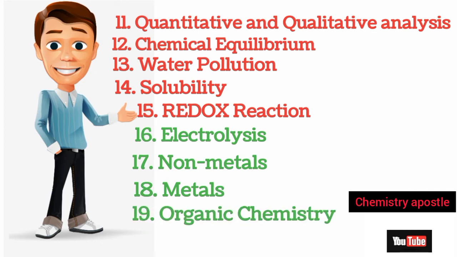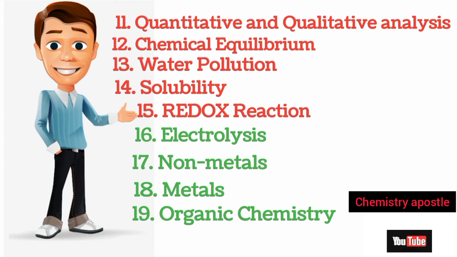Okay, non-metals. Non-metals is very, very voluminous, because it can't even be grouped under one topic. There are so many questions under non-metals. Then metals too. Metals, then organic chemistry. Organic chemistry is a very wide topic.